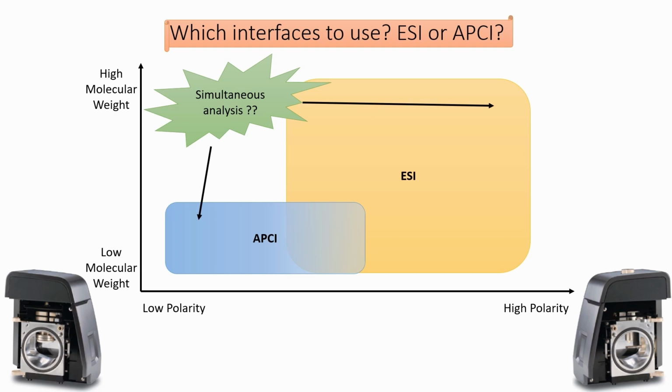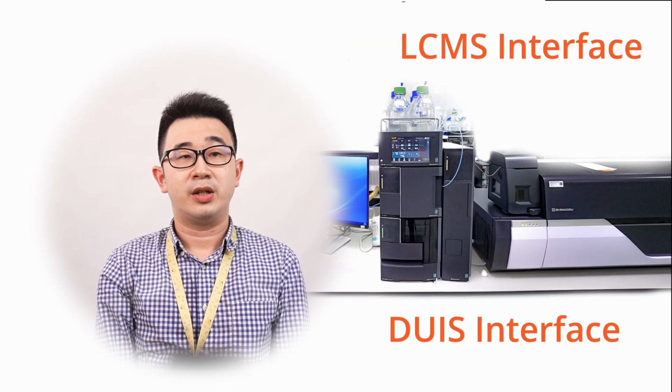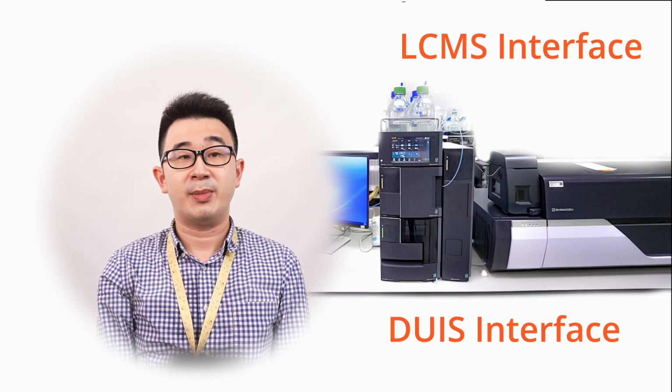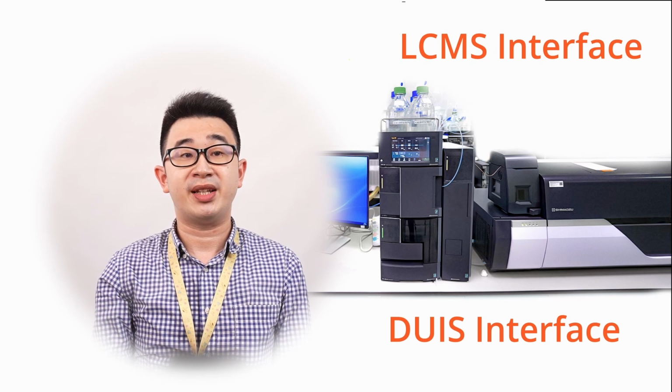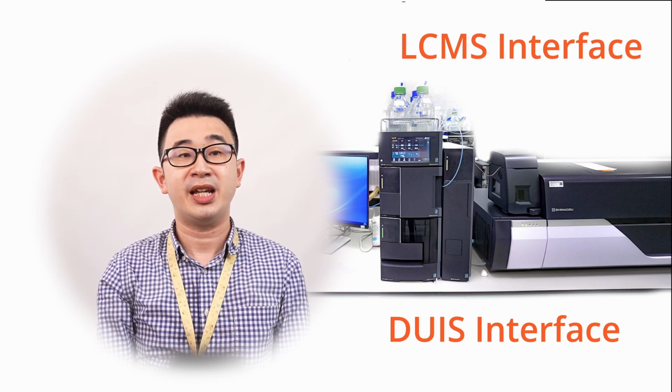There are situations where simultaneous analysis of analytes that can only be ionized by the ESI interface and analytes that can only be ionized by the APCI interface is required. To address this issue, Shimadzu has developed the dual ion source interface, in short, DUIS interface. As the name suggests, the DUIS interface allows ionization of analytes using ESI and APCI techniques concurrently.